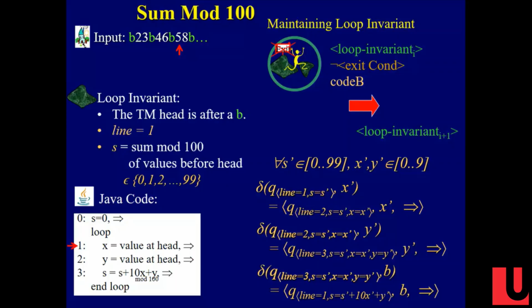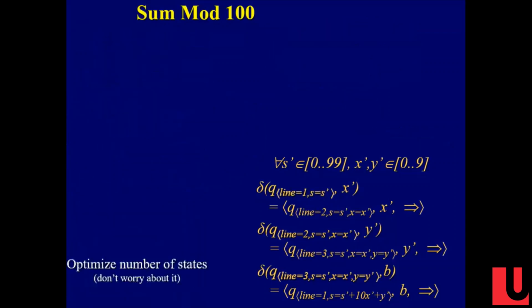All you have to do is write this under the question that says maintaining the loop invariant. You don't have to do establishing the loop invariant, which we're not going to do now because it's the same. And then we're going to have to do getting the post condition.